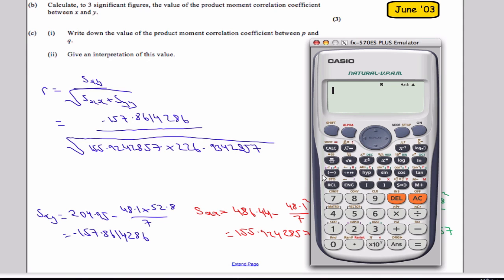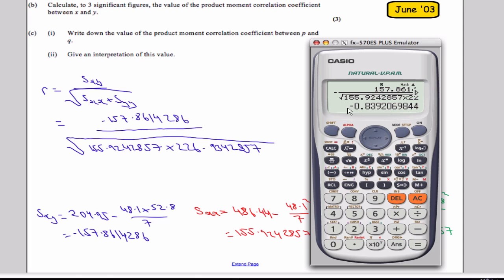Alright, minus 157.8614286 divided by the square root of 155.9242857 times 226.9342857.